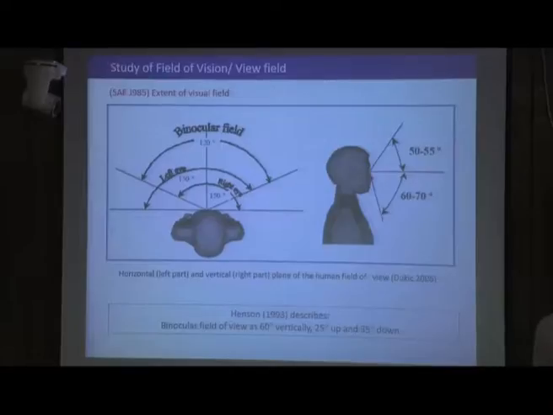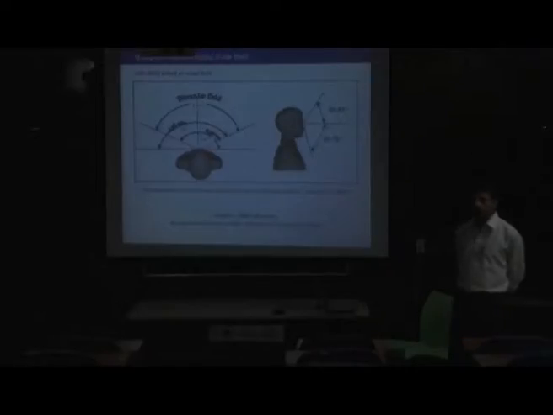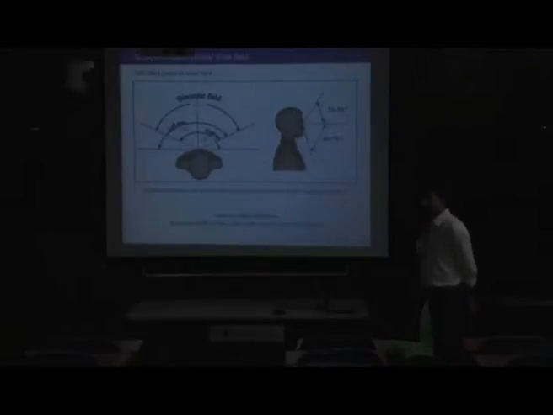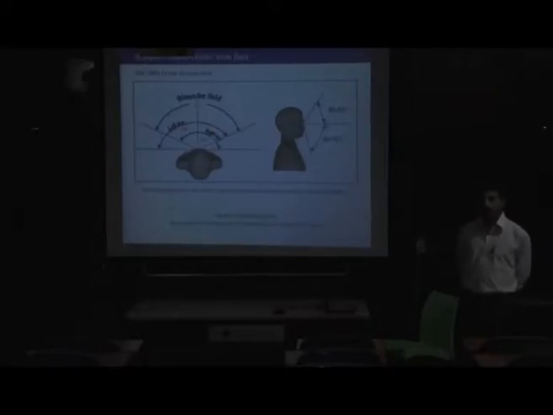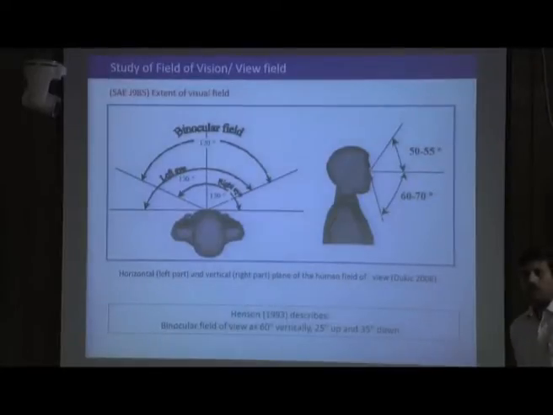Students must know how our normal field of view is, how our eyes move, how our neck moves. Because in vision, how we visualize something, the reflected light rays from that object come to our eyes, our sensory organ, and ultimately give a signal to our brain.